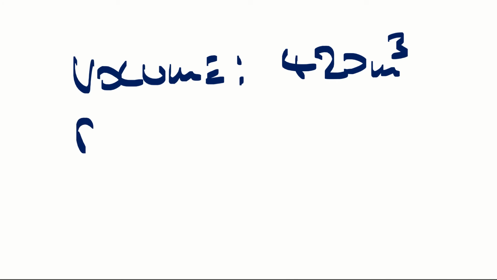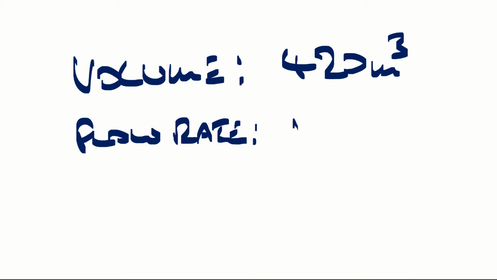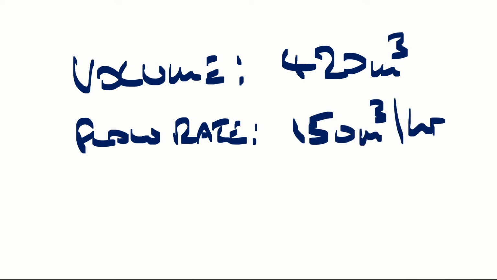Let's imagine that we've got a flow rate of 150. So let's have a volume of 420 meters cubed and a flow rate of 150 cubic meters per hour. So what you'd be able to do now is work out your turnover time by simply dividing those two together.